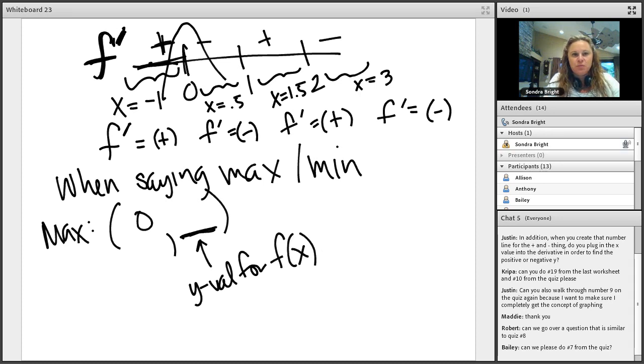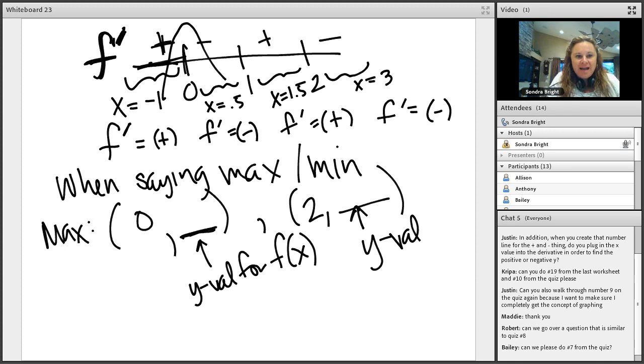So your maxes would be there and also at like 2, and then I'm plugging 2 into the f function to figure out your y values. Remember, your maximum is happening on your graph, right? So maxes and mins do that. So hopefully that is what you were asking, Justin.